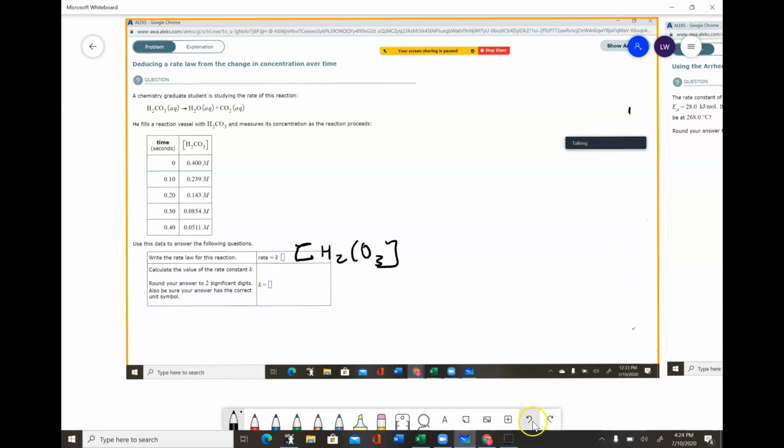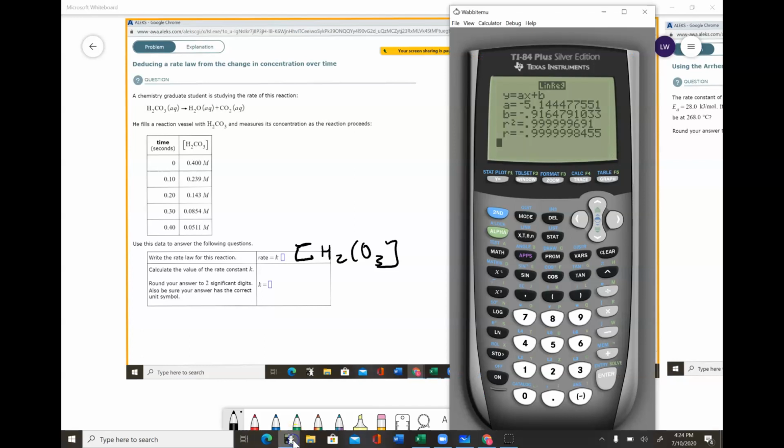Now the next thing I have to figure out is what my rate constant is. Well, my rate constant is the negative of my slope. So that's just going to be 5.14. It asked me to round my answer to 2 significant figures, so it's just going to be 5.1. And then it says make sure it has correct units, and we know for first order that the correct units are time to the minus 1.